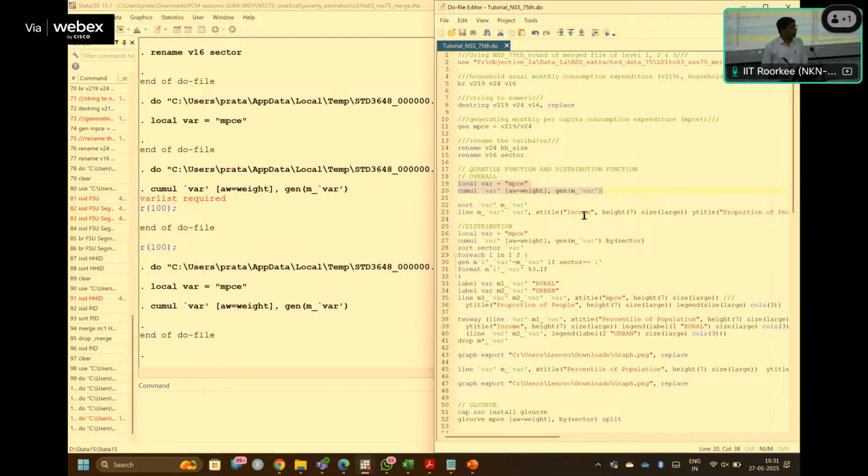Now we need to present into different subgroups by their income. When we create a variable of MPC, in income there are outliers. So how do we handle it? Do we have to drop it or keep it?